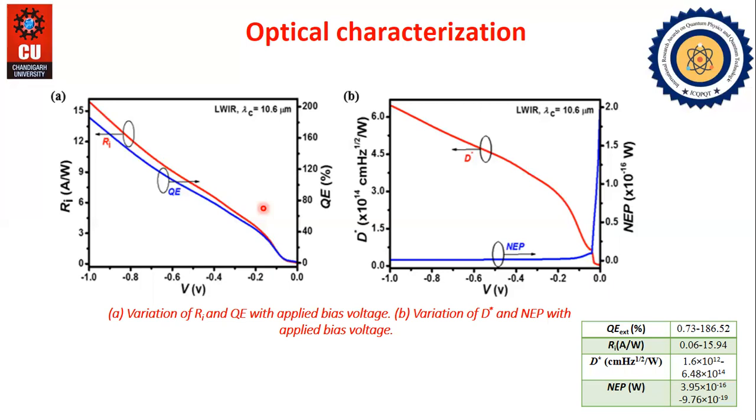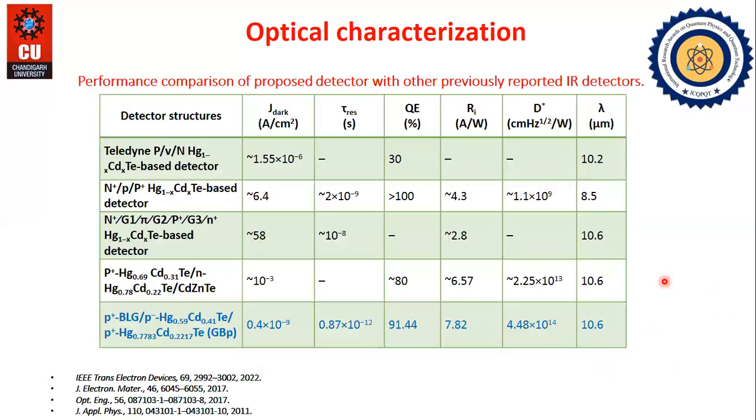The estimated photon responsivity, quantum efficiency, detectivity, and noise equivalent power are found to be these values with the voltage from 0 to 1 volt in the long wavelength infrared region. This large photoresponse is attributed to a diffusion current of the photo-induced carriers in the active layer. This indicates that the valence band offset is small in the proposed detector.